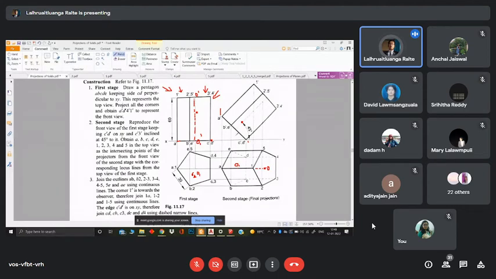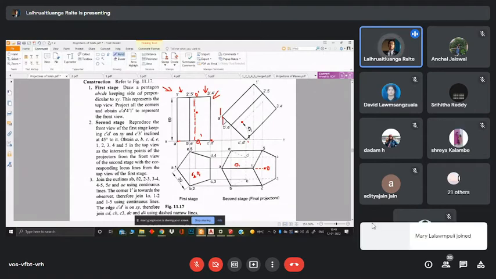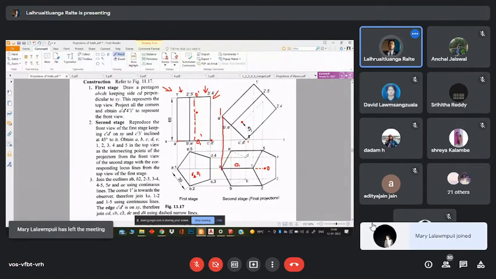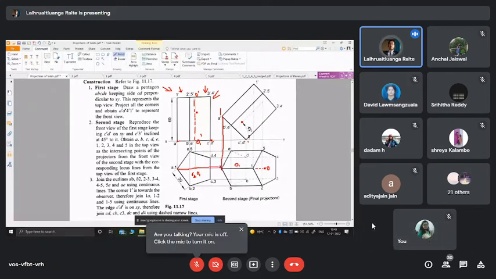In order to obtain the true top view, we project this point A dash down, and from A1 we project a line to get A and the position of 1. And this position of 1 coordinates with the front view 1 dash, and we get 1. And so forth, we get all the other points to get our true top view.